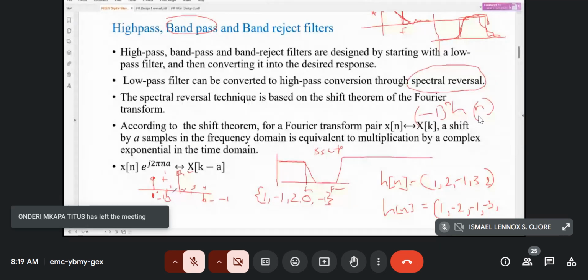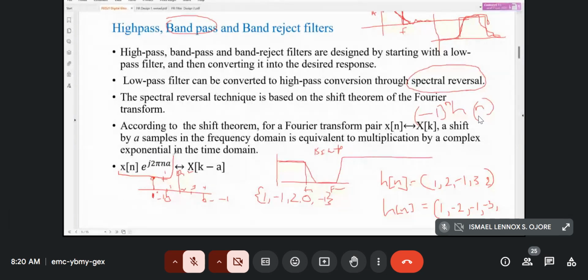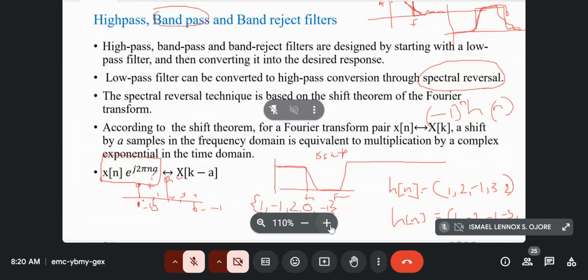I think it's explained. Oh, it's even explained here. Why am I explaining something? Oh, it's already here, apologies. I'm not even seeing it. So this shift is simply the same as multiplying with this.